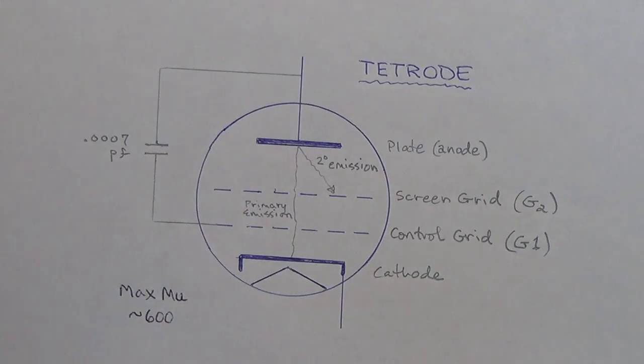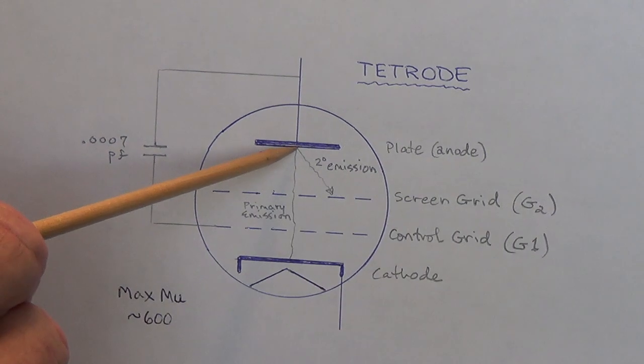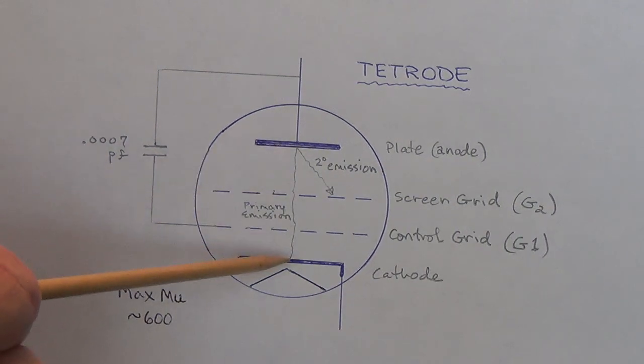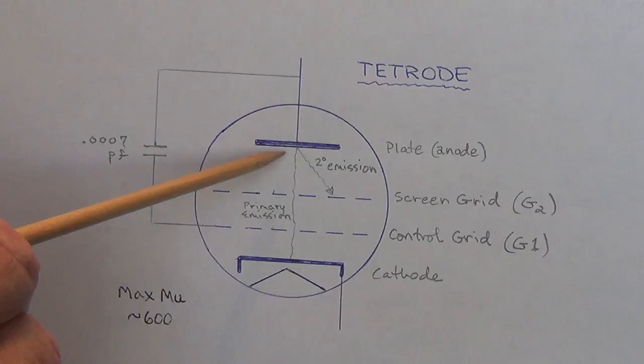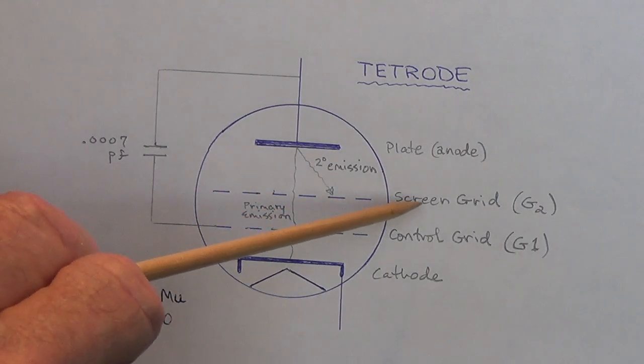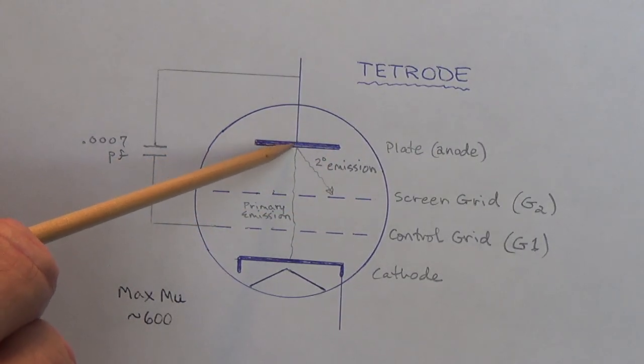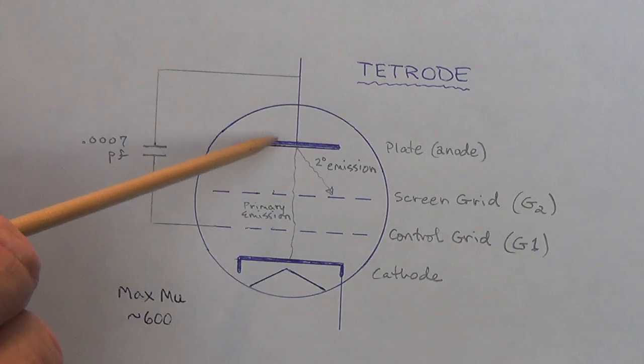And I think you can also see that the higher we raise the plate voltage, the faster the electrons will travel, the harder they'll hit, the more secondary emission there will be, and the more loss there will be. So you'll reach a situation where increasing the plate voltage reduces the plate current.